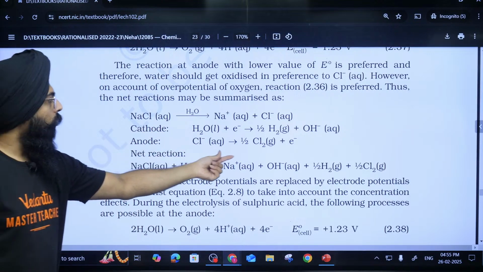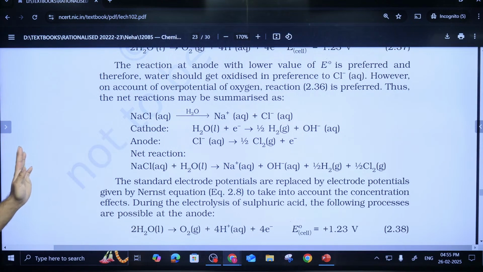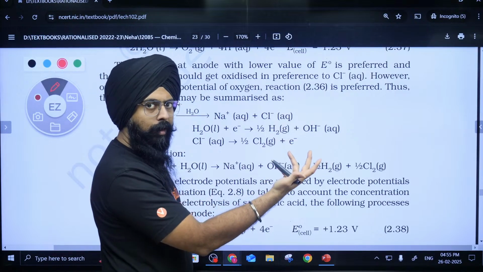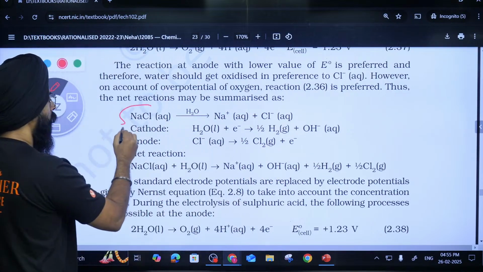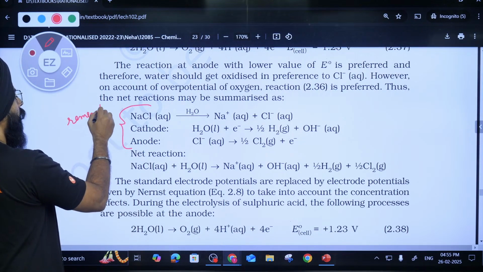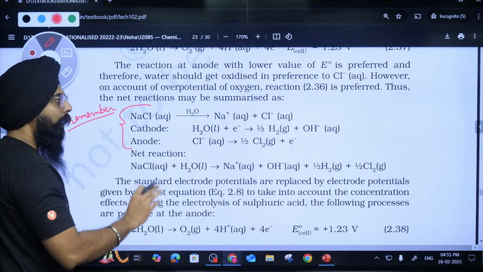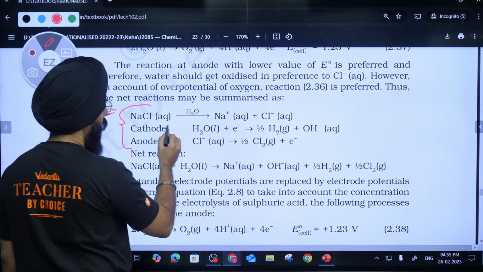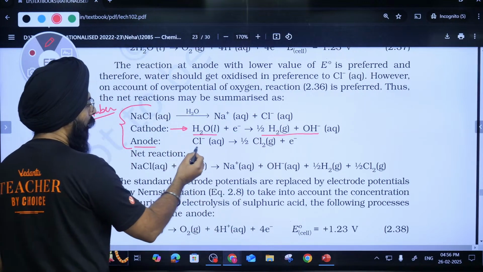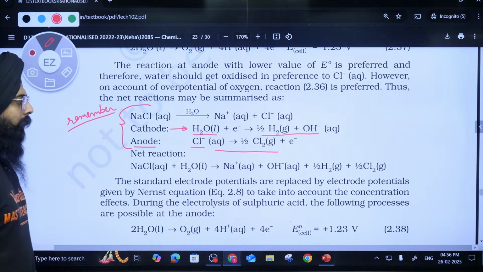At the anode, chloride will get oxidized. This is memory based now. Which one is easy and which is not easy comes after doing an experiment. This is something we have to remember. So when we electrolyze brine, your cathode does reduction of water and your anode does oxidation of chloride ion.